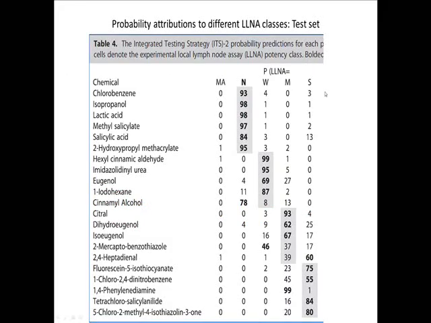On the next slide here now you see what happens for our test set. So we calculated the probabilities in the 4 classes for all the chemicals in the test set, and then the class with the highest probability, that is our prediction. And in bold you see the in vivo classes, so in cases where the bold number is in the gray area, we have a correct prediction, and if this bold number is out, it's an incorrect prediction.